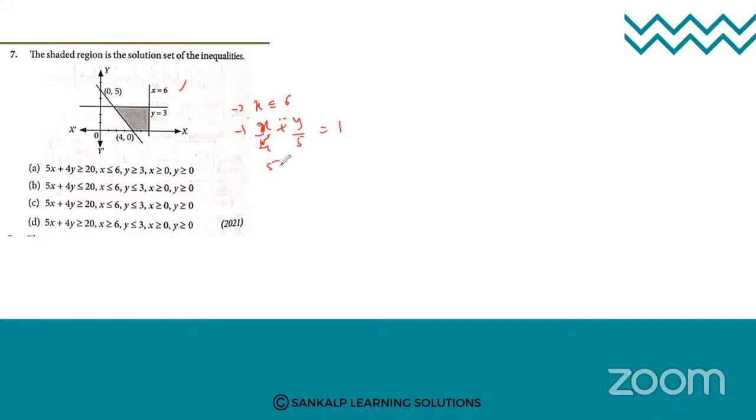When we simplify, we get 5x plus 4y is equal to 20. So two hints we have got. The first one is towards the origin, and for the second one, you can see the shading is away from the origin, so it will be greater than.